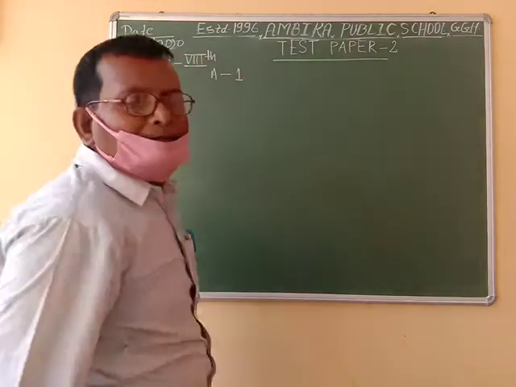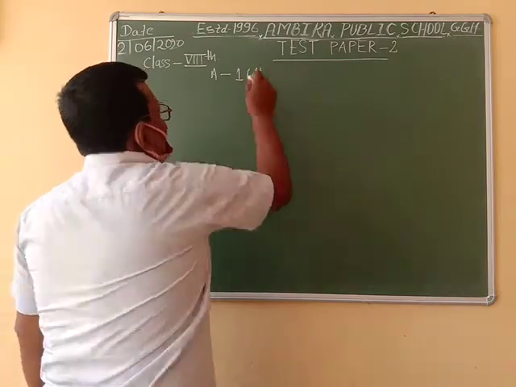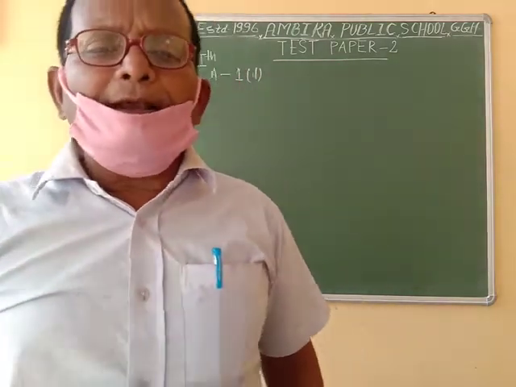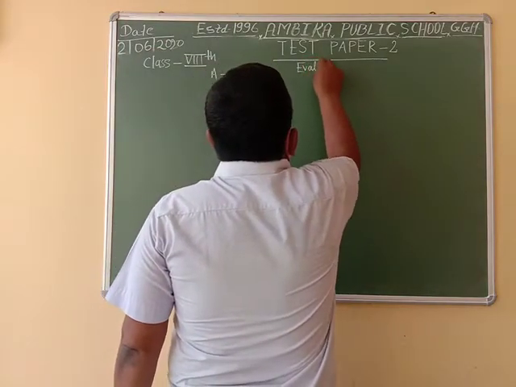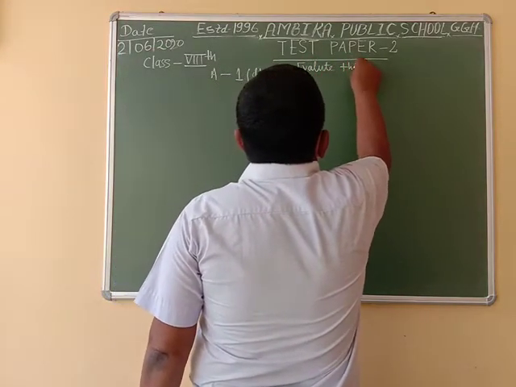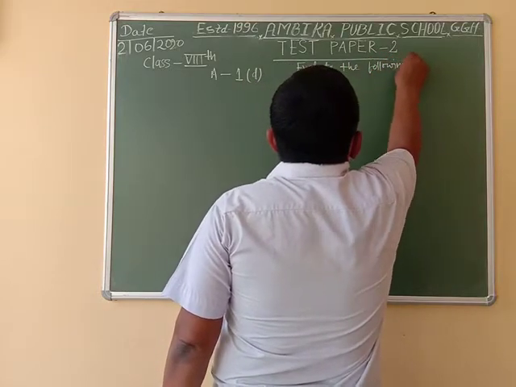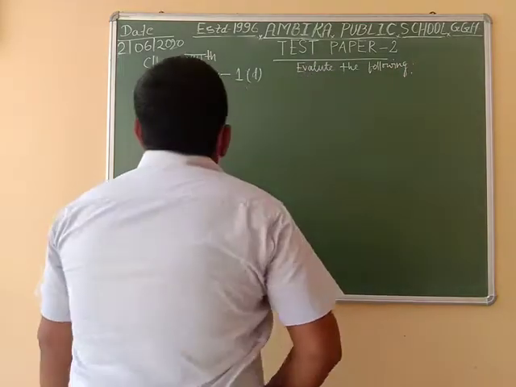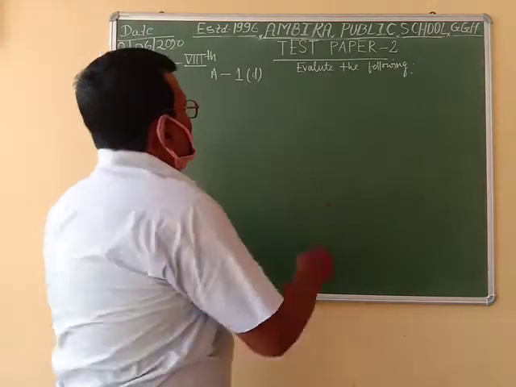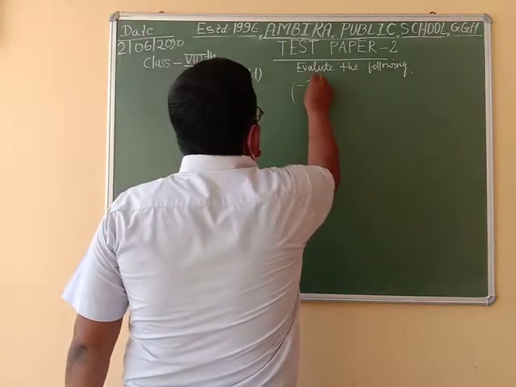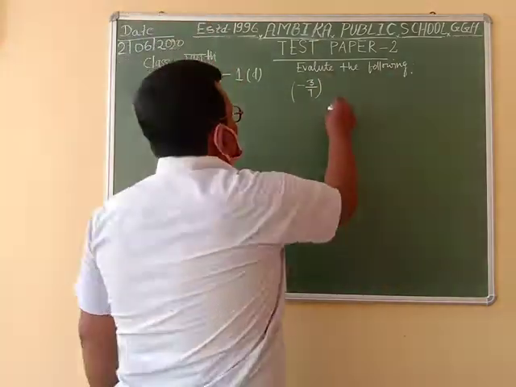Answer 1. I am going to solve D number. Evaluate the following. The question is evaluate the following: (-3/7) whole to the power -3.